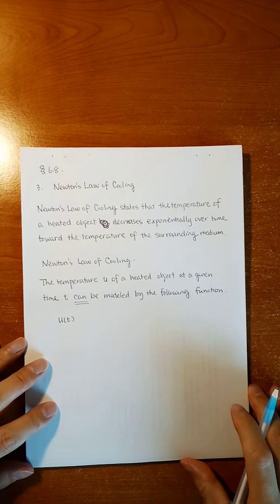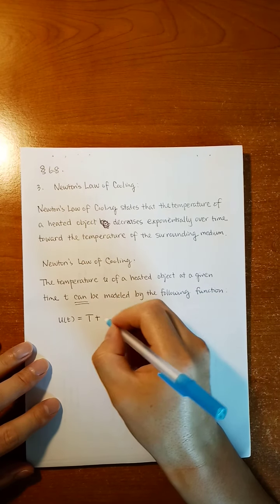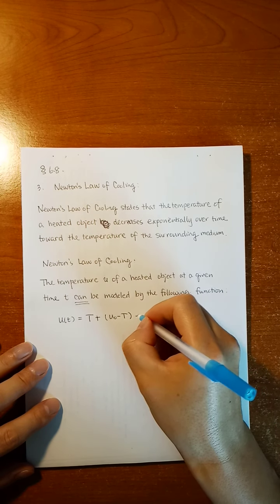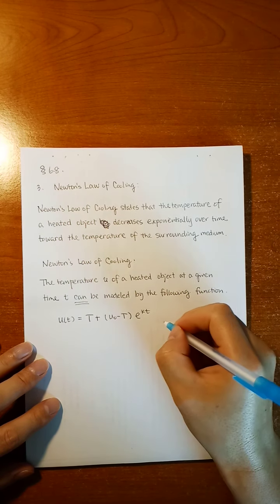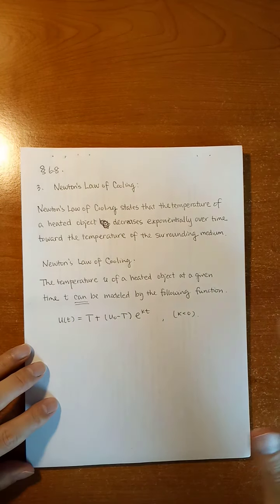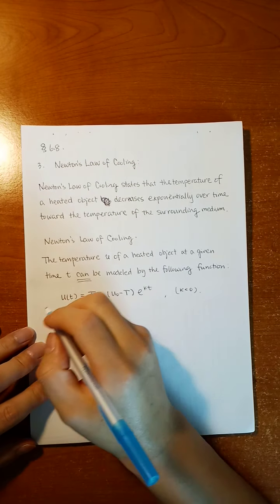The temperature U of T is equal to capital T plus U sub 0 minus capital T times e to the kt. Here this k is negative. Cooling, the temperature decreases, so k is negative. Exponential decay.